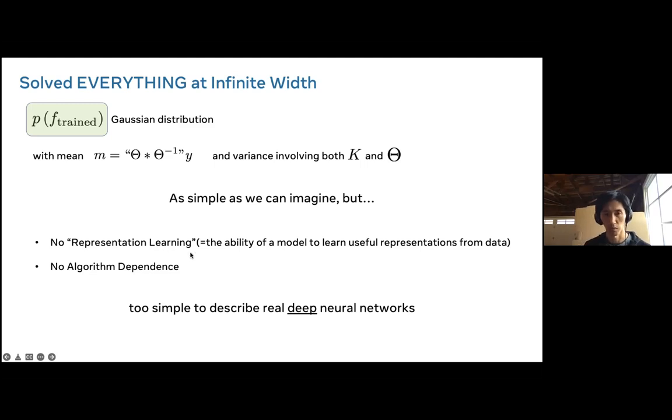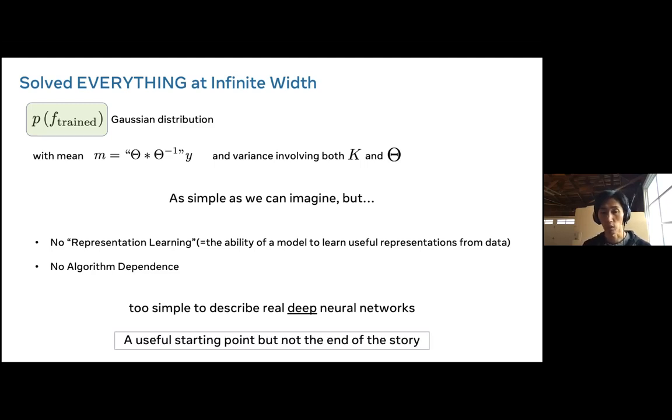For the physicist who is just entering deep learning, representation learning just means the ability of a model to learn useful representations from data. At least at the folklore level, that is what deep learning is buying you, and there's none of that in this limit. So this seems to be too simple to describe real deep neural networks. Nonetheless, it's a useful starting point, but if you want to understand deep learning in its completeness, then it's not the end of the story. So we will go beyond that.